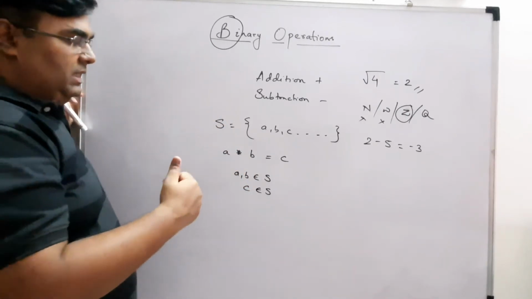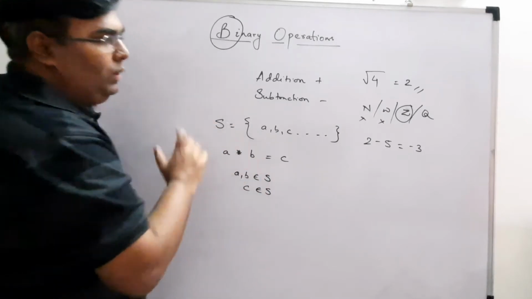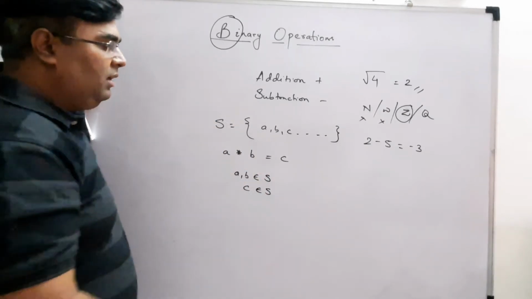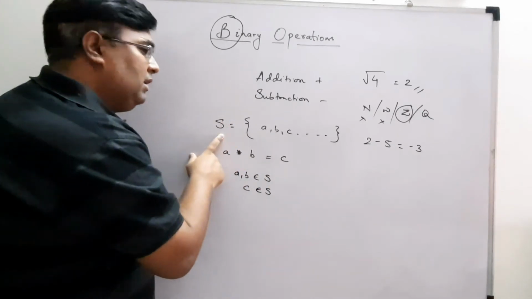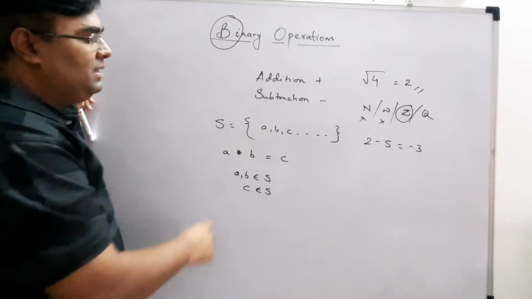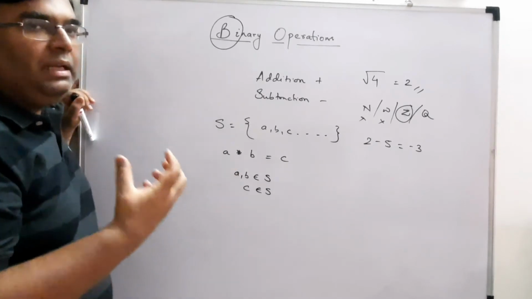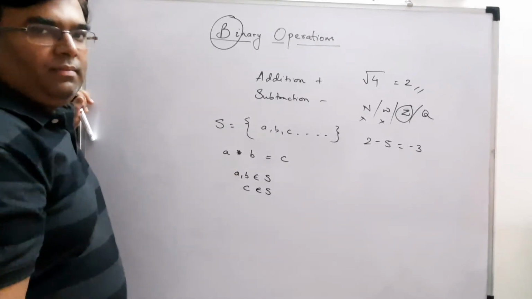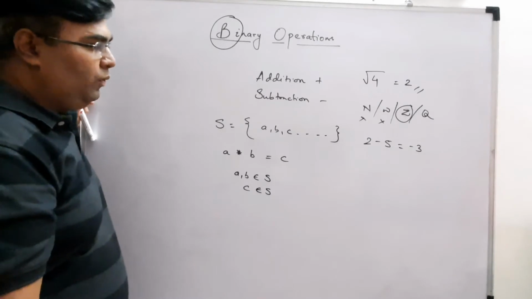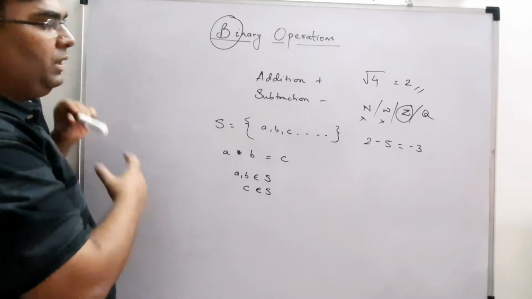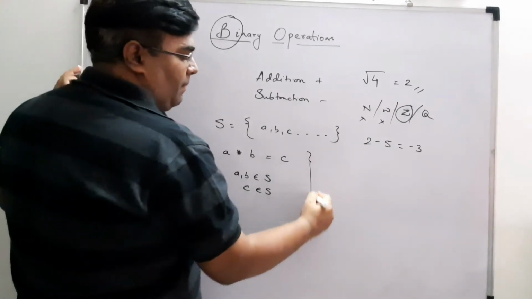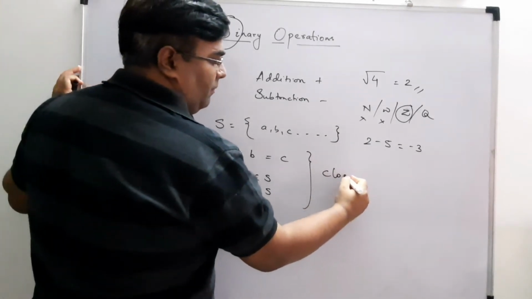The only condition is that if we take two elements from a set S and the result of this operation is C, and C also belongs to S, then only we can say that this operation is binary, correct? So to prove anything binary we need to check this property. This property is known as my closure property.